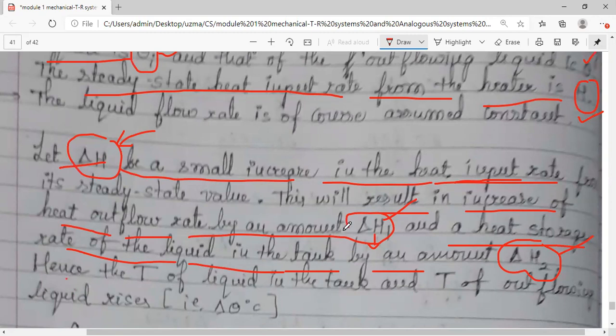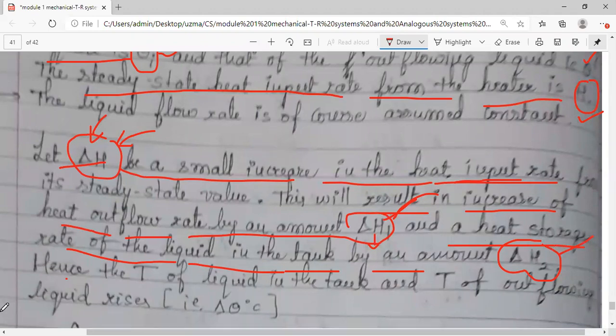So these two have changed. When I change H by delta H, first delta H1 will change. What is delta H1? The heat outflow rate, the rate at which that heated liquid goes out from the outlet will increase. And secondly, the heat storage rate of the tank, that is delta H2.